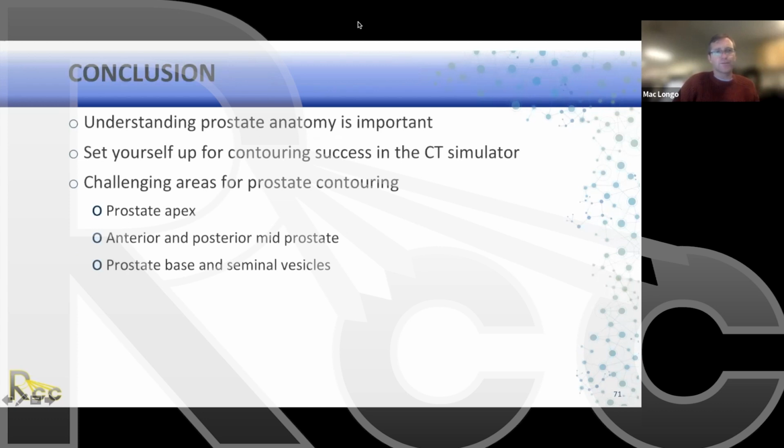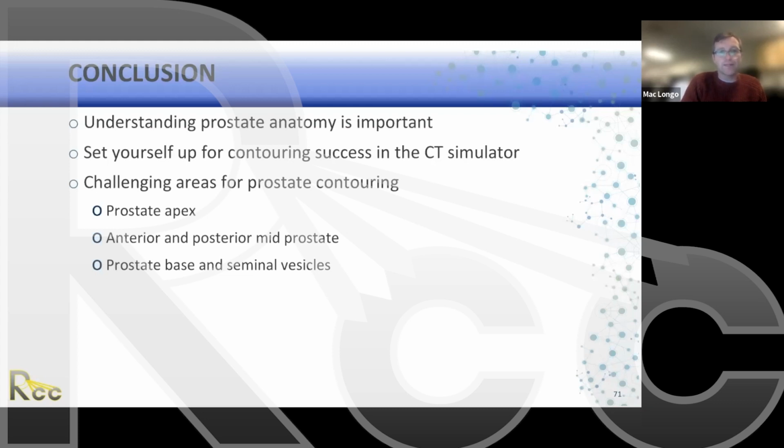So in conclusion, understanding prostate anatomy is critically important. The first place to set yourself up for successful contouring is making sure that you have an excellent setup in your CT simulator. I think you all really identified the areas that we all collectively struggle with in prostate contouring: the apex, the anterior and posterior mid-prostate, and the base.